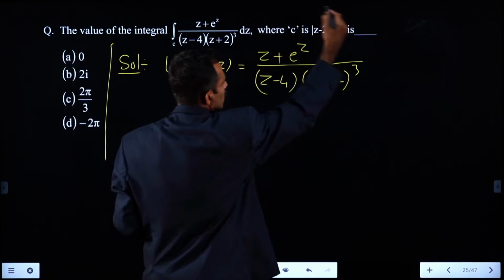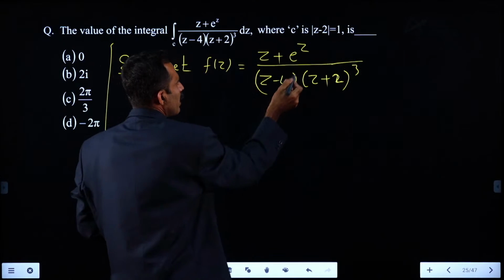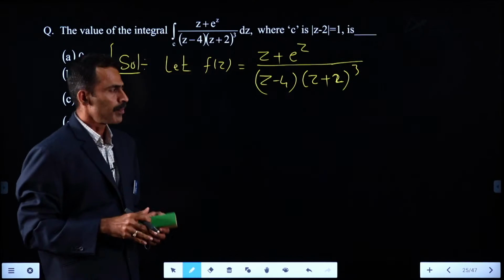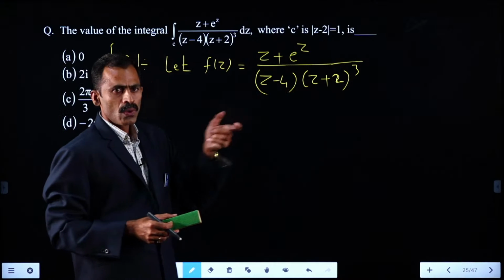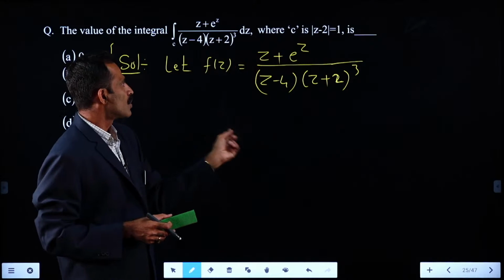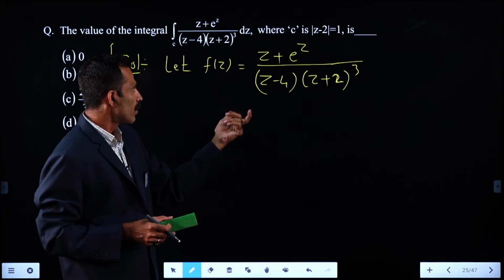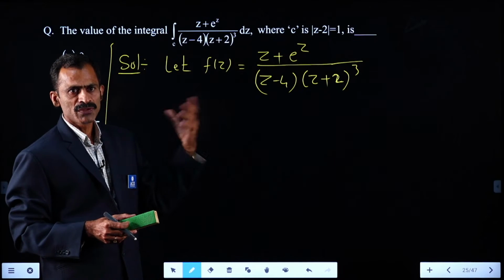But if you consider the total function, it will be analytic at every point when the denominator is not equal to 0. But the denominator is 0 only for z equal to 4 and minus 2. So this function is not defined at 4 and minus 2. That is why 4 and minus 2 are singular points of this function.